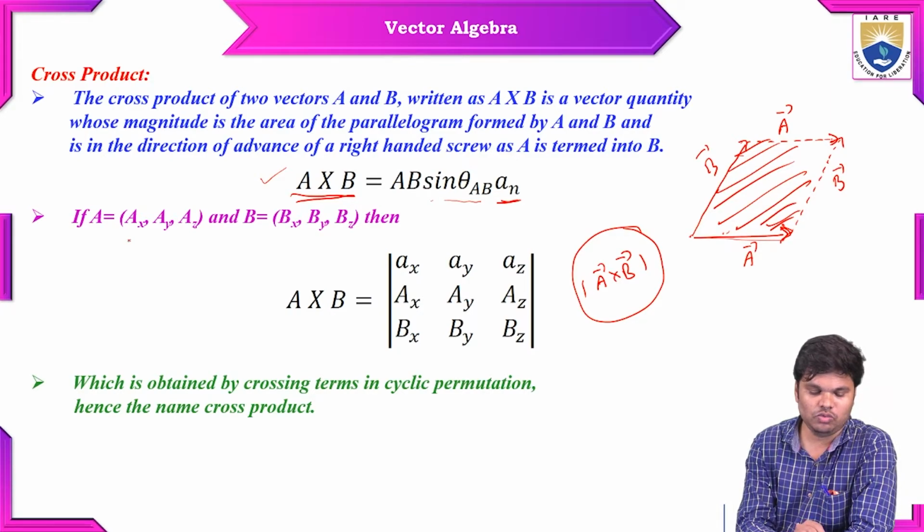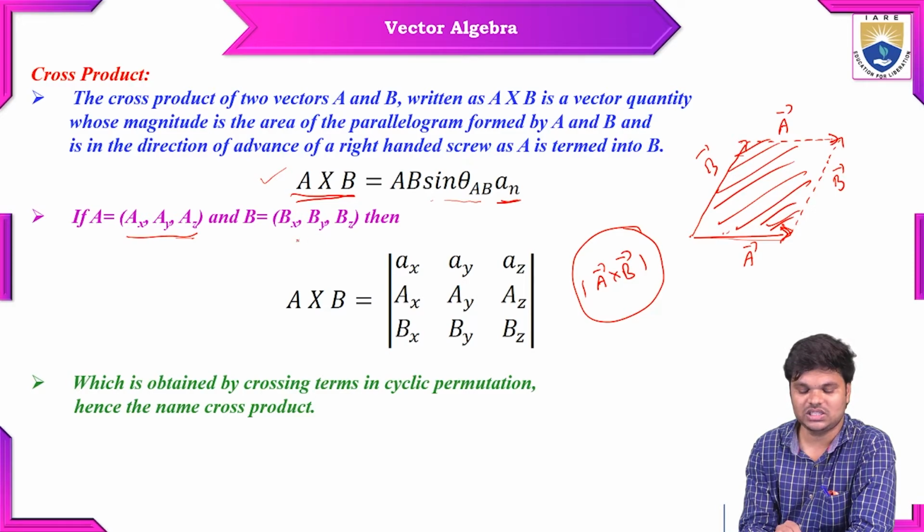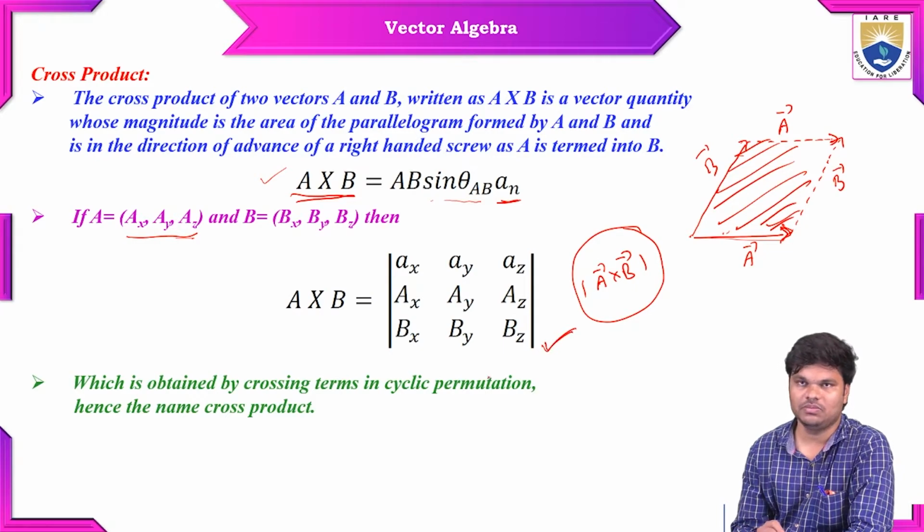See, here we are given two vectors. A is equal to AX plus AY plus AZ, and B is equal to BX plus BY plus BZ. And how to find the cross product of these two vectors? You just have to perform the cross product in this way: the determinant of AX AY AZ, capital AX capital AY capital AZ, BX BY BZ.